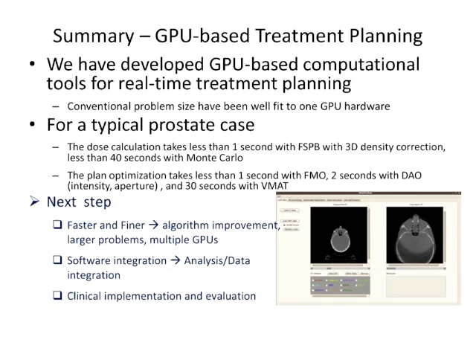In summary, we have developed GPU-based computational tools for real-time treatment planning. So far, luckily, I think most conventional problem sizes have been well fit to one GPU hardware, so we could just use one GPU parallel programming, not mixing other programs.